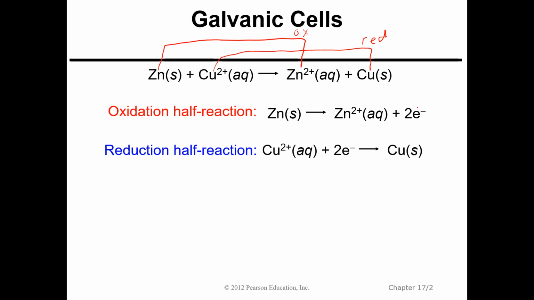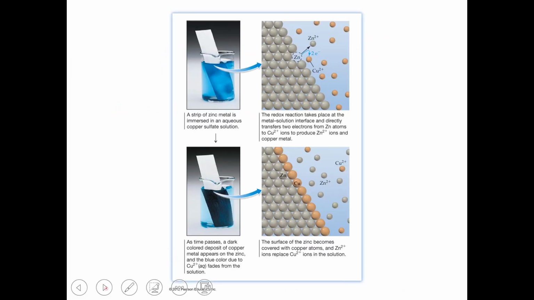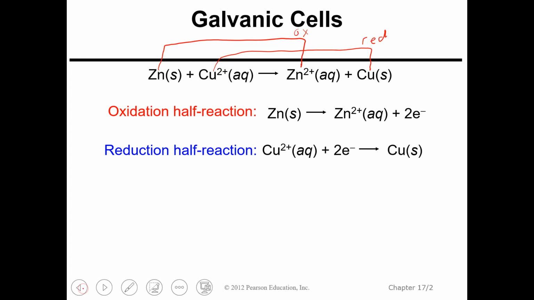In a reduction half reaction, this time we have copper 2 positive turning into copper metal. So we gain 2 electrons. We're adding 2 electrons to our copper that has a 2 positive charge. So the 2 electrons are reactants. If we add these reactions together, we would get the reaction at the top.